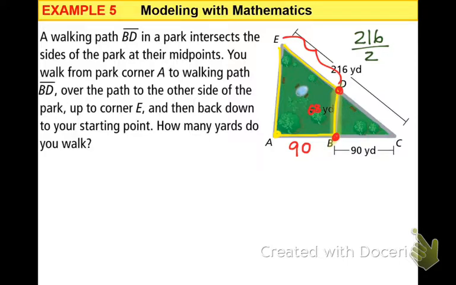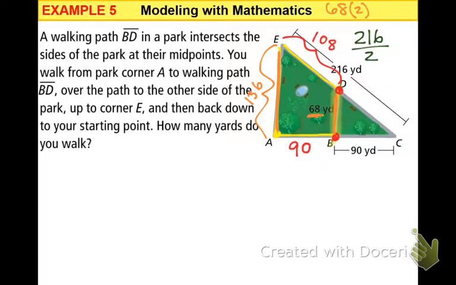Half of 216 is 108. And then the last piece we can find, because it is parallel to 68, the BD. So since BD is our midsegment, that means the line it is parallel to will be double. So 68 times 2 will be 136.